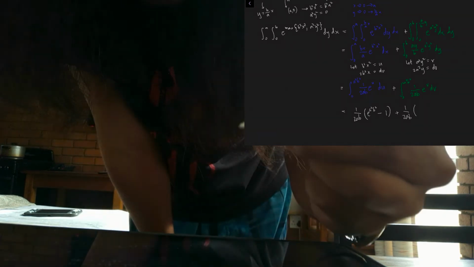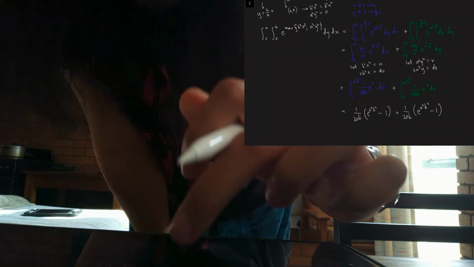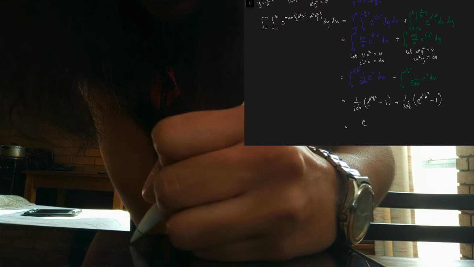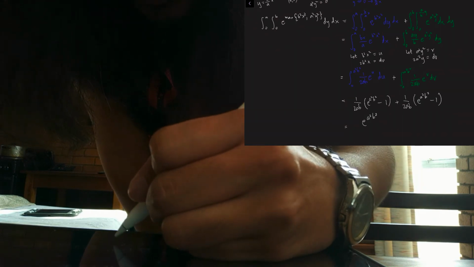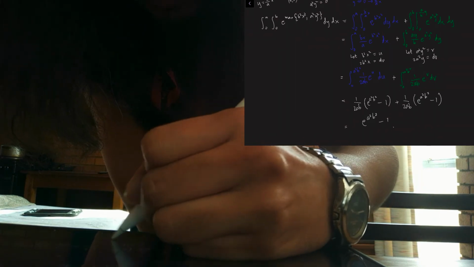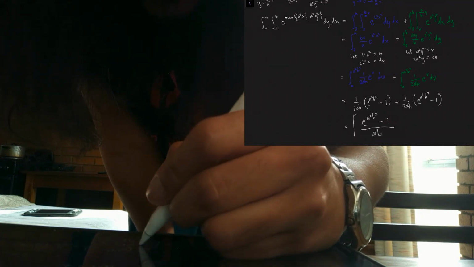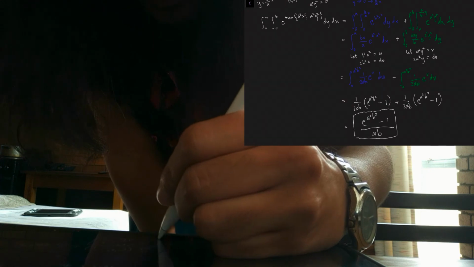So this has similar integration limits. The only difference is the variable, so the answer should be the same: e to the a squared b squared minus 1. So that should give you e to the a squared b squared minus 1, over ab. Okay, so this is our final answer right here.